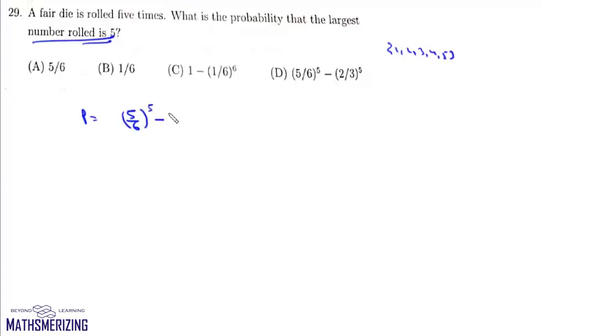And then we'll subtract all the cases in which the largest number is 4 or less. So if the largest number is 4 or less, then this probability will be 4 by 6 to the power 5. So the required probability is (5 by 6) to the power 5 minus (2 by 3) to the power 5, and that's your option D.